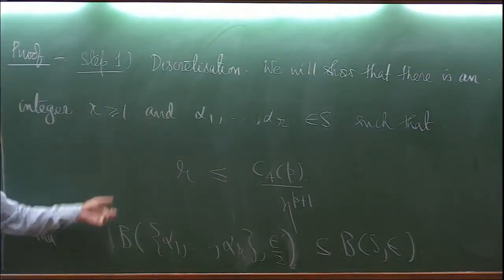So we will show that there exist such alpha 1, alpha 2, ..., alpha r.